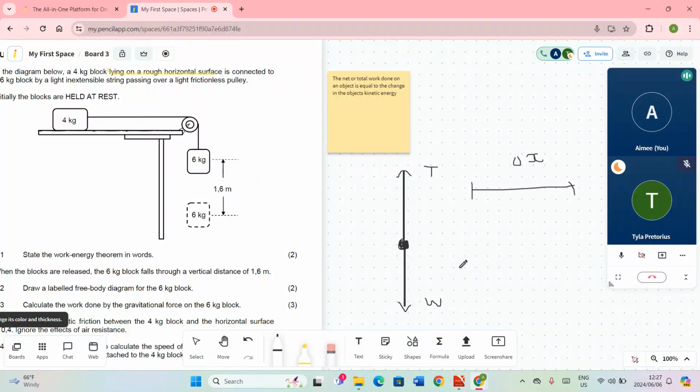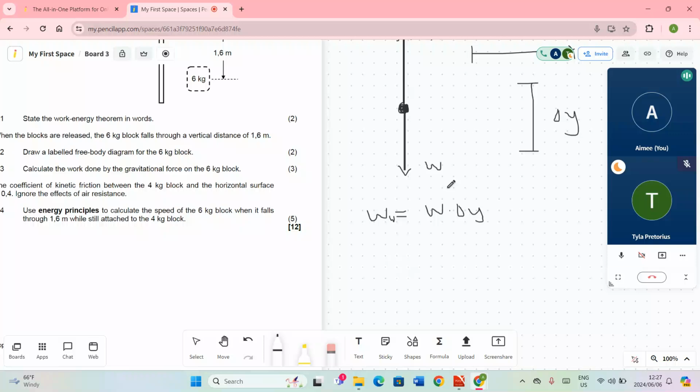Change in y indicates a change in vertical distance, and we're working with a vertical distance here. So you say weight multiplied by change in y multiplied by cos theta.